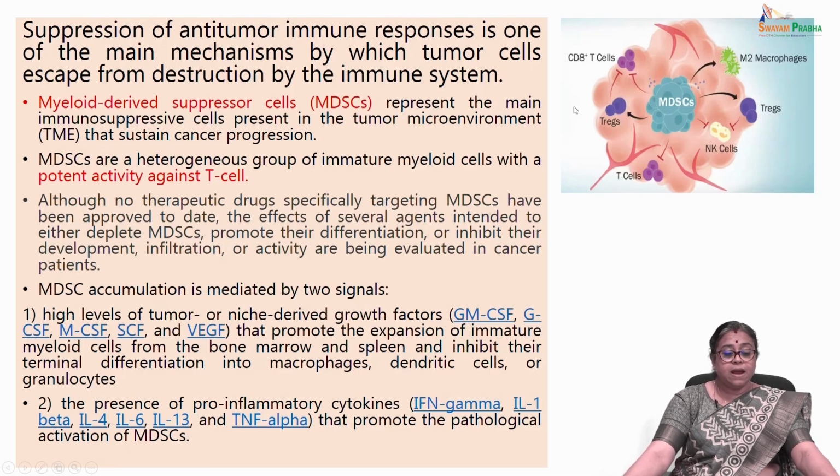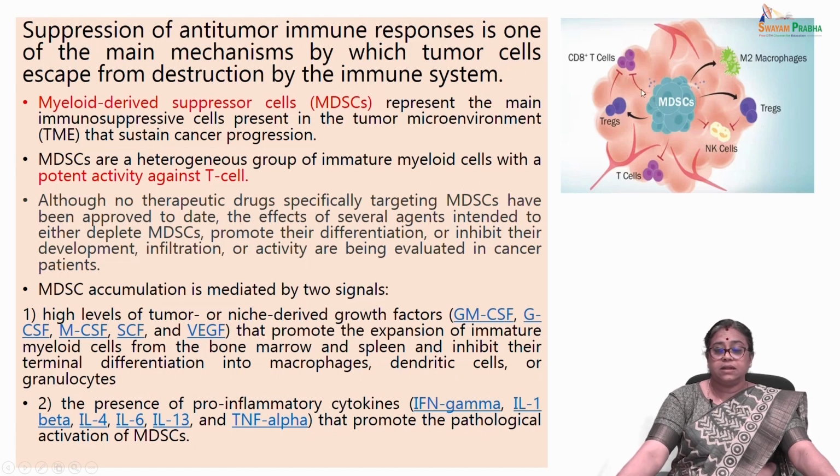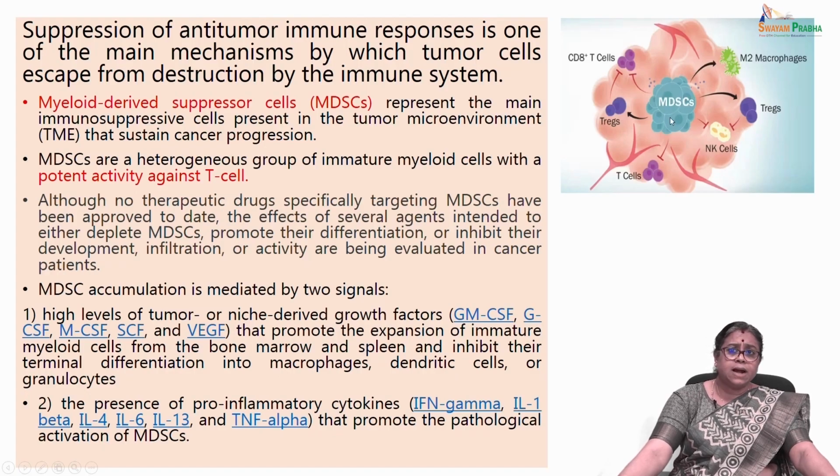Now, these MDSCs are nothing but a group of immature myeloid cells with a potent activity against the T cell. That is why they mainly inhibit the T cells, so this inhibition has to go.